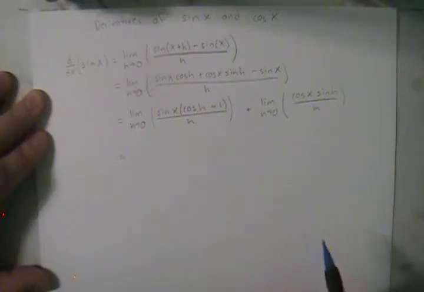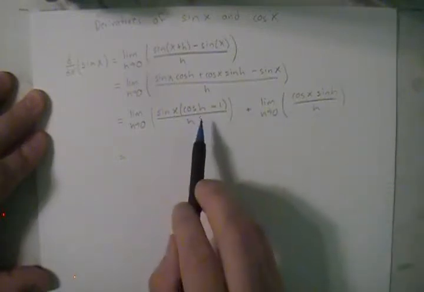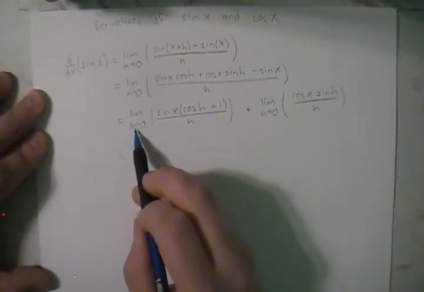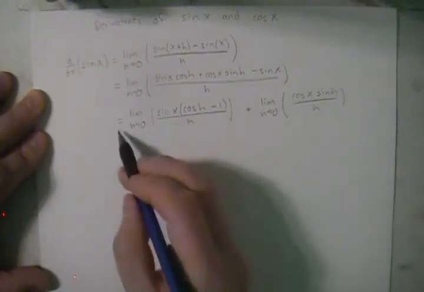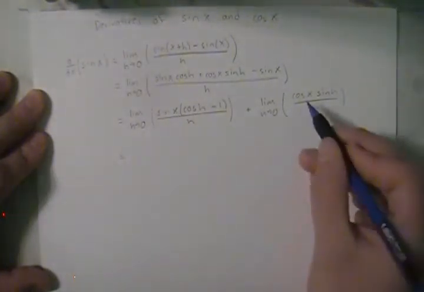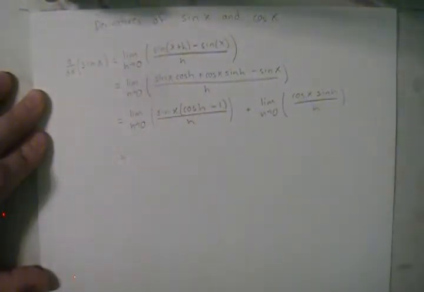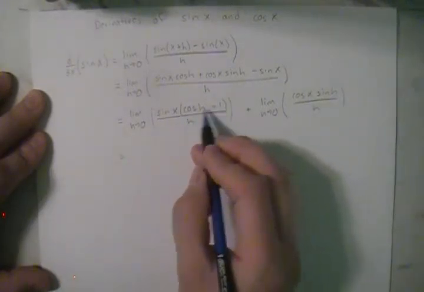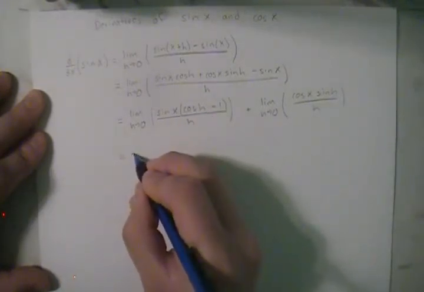Alright, so we're almost to the point where we can see these limit formulas arise. So this is sine of x, it's not affected by the value of h, so I can take it to the outside of the limit. It's effectively a constant, and same with the cosine of x. I'm also going to factor out a negative in the numerator so that it changes form a little bit.